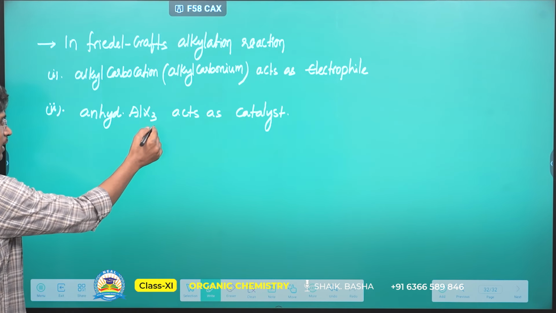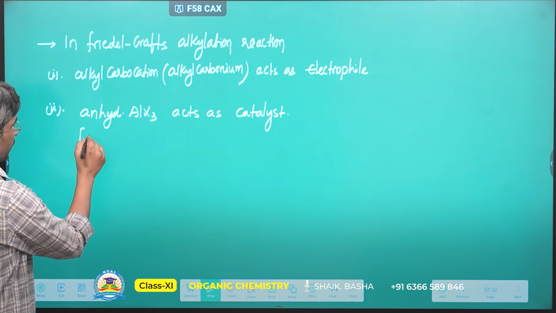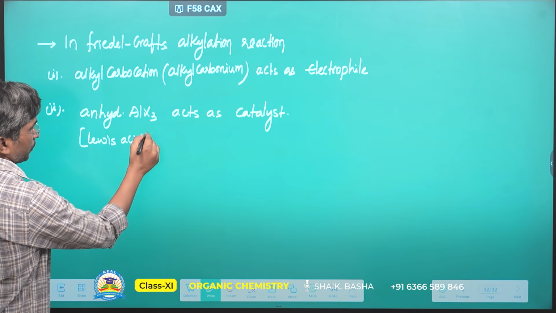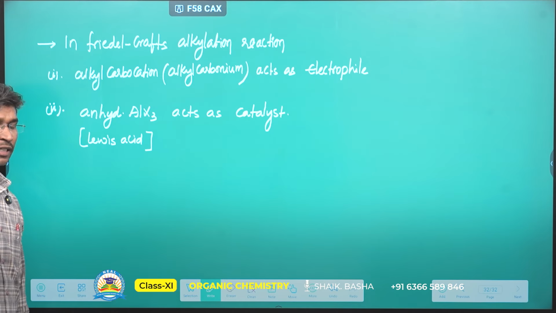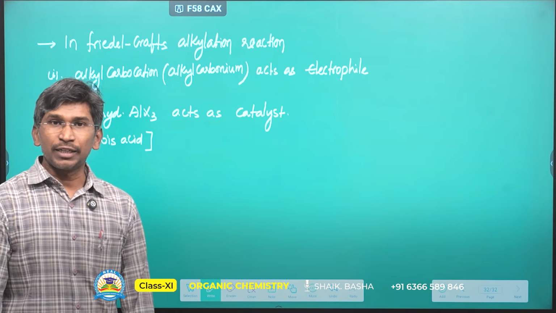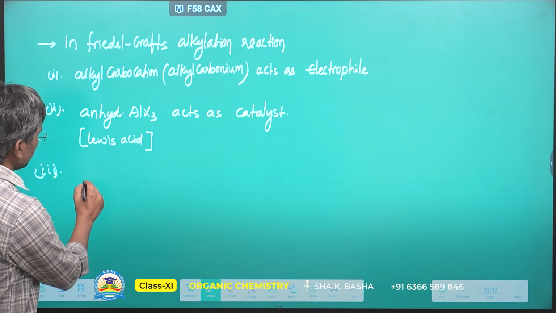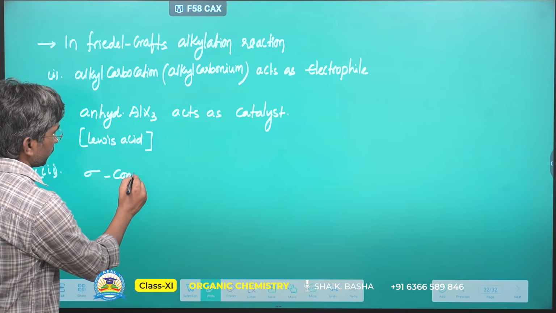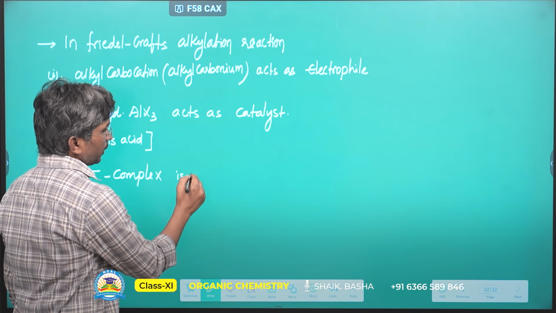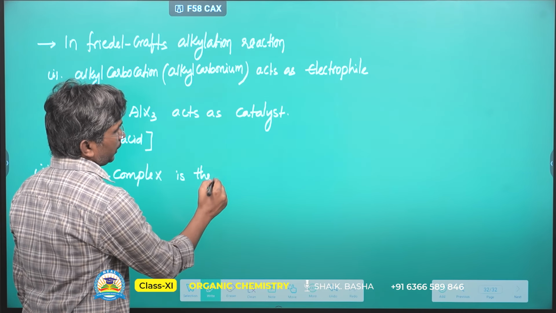So in the place of anhydrous AlX3 we can also write Lewis acid. Lewis acid acts as catalyst. Then what is the intermediate in this reaction? Sigma complex. Sigma complex is the intermediate.